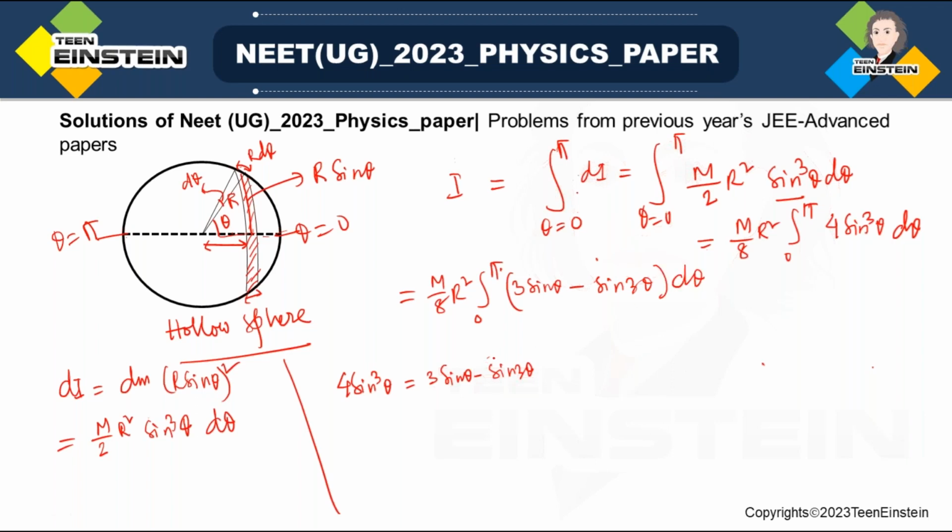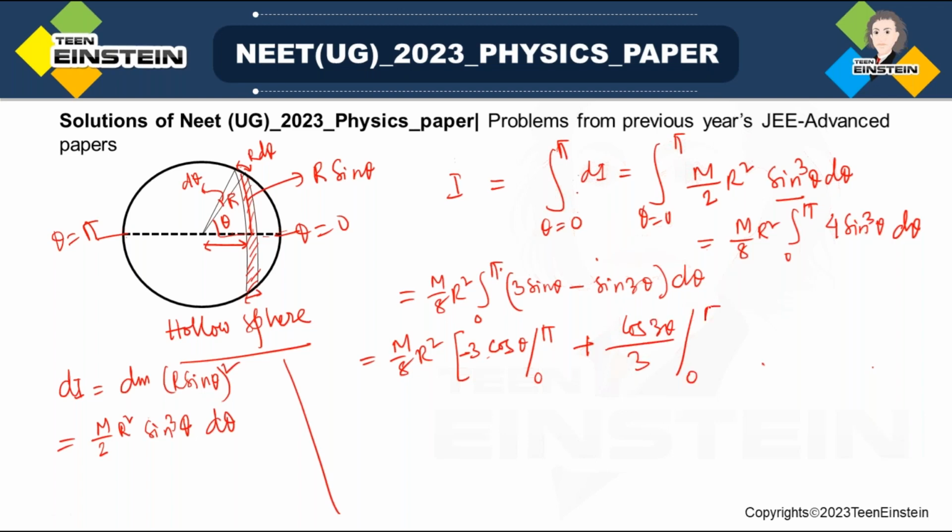Now it is easy to do the integration part. 3 will be as it is, and the integral of sine theta gives cos theta, there will be a minus sign coming up here, cos of theta, 0 to pi. Then minus here, cos 3 theta divided by 3, again minus will come, so plus, 0 to pi.